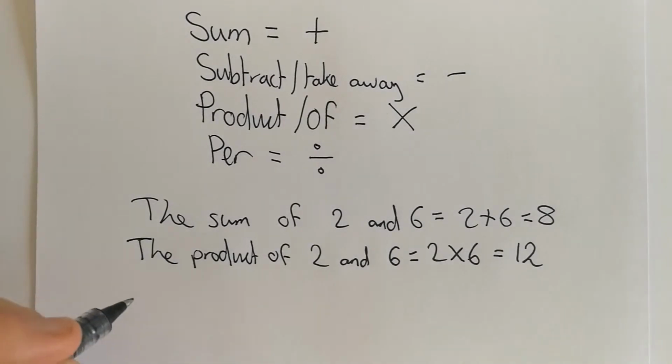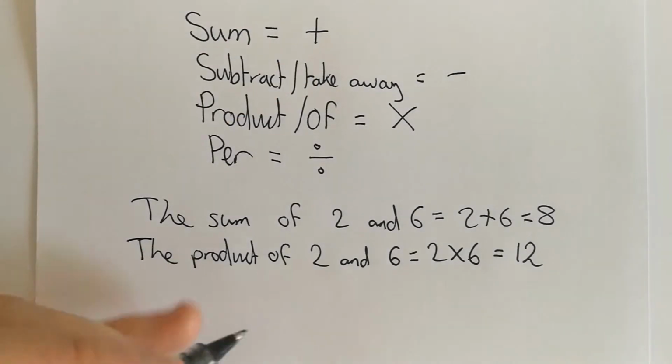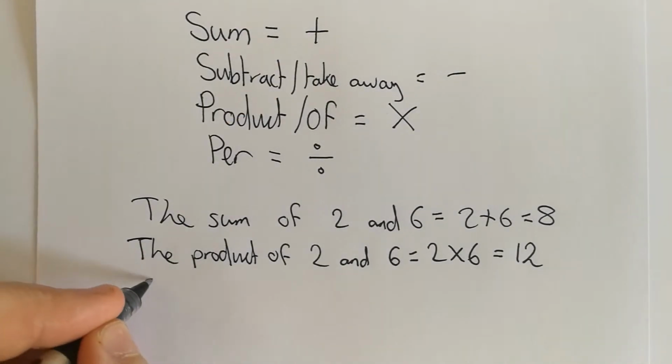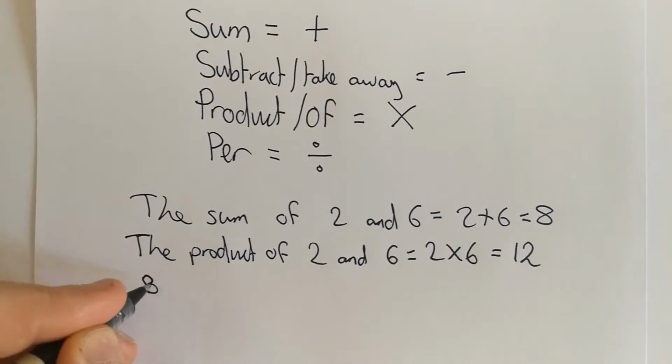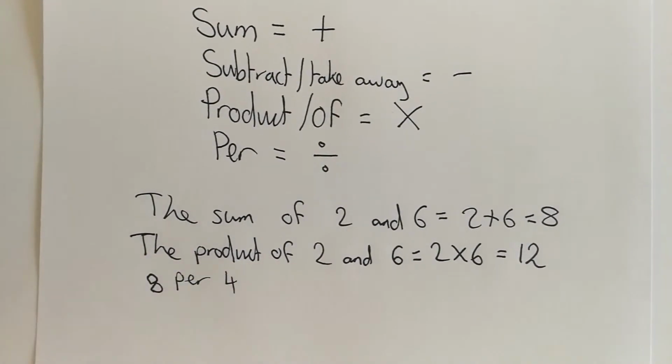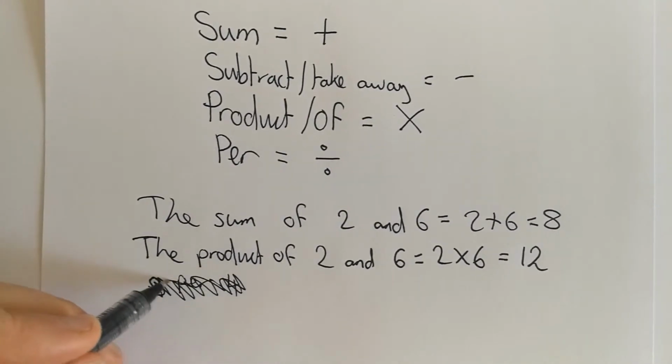Now, we could do 7 subtract 5, and subtract and take away is normally obvious, because it's obvious what you're doing. Now the word per, we wouldn't normally go 8 per 4. We wouldn't do that, because that's a bit weird.